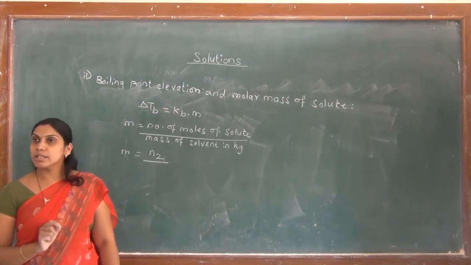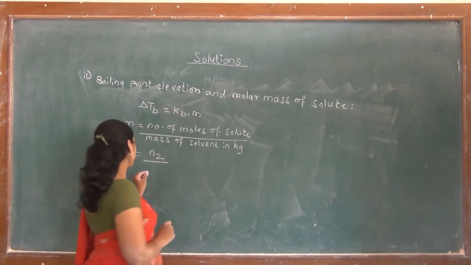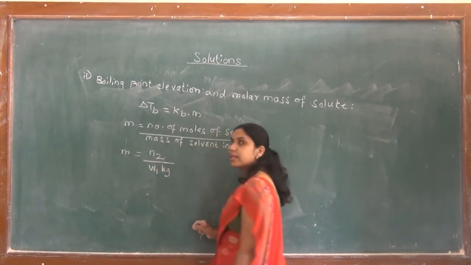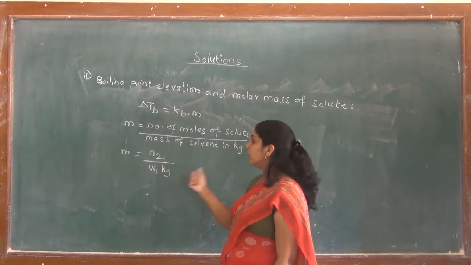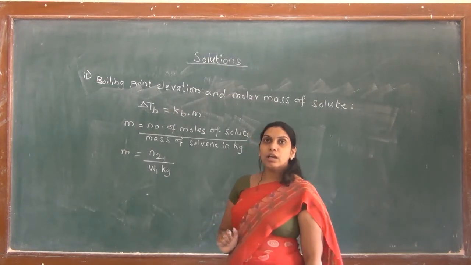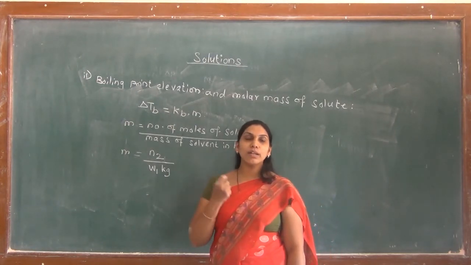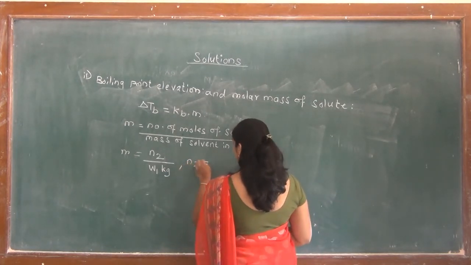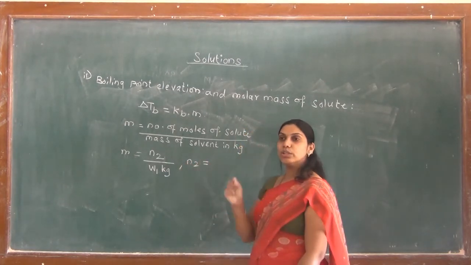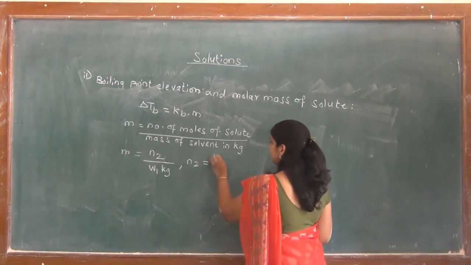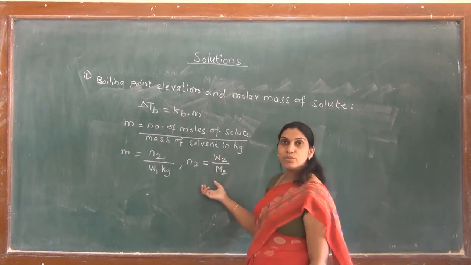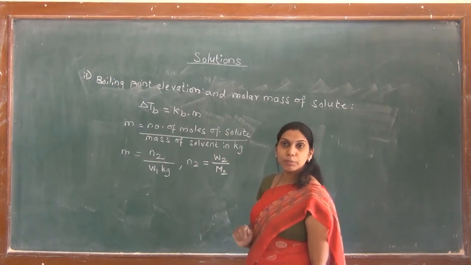Mass of solvent is given as W1, but we must write that mass of solvent in kg. Now what is the formula for n2? n2 is equal to W2 upon M2. We have seen this value of n2 in relative lowering of vapor pressure also.